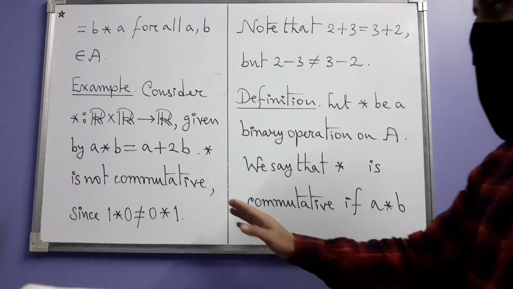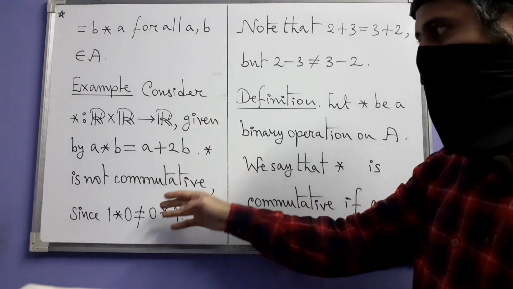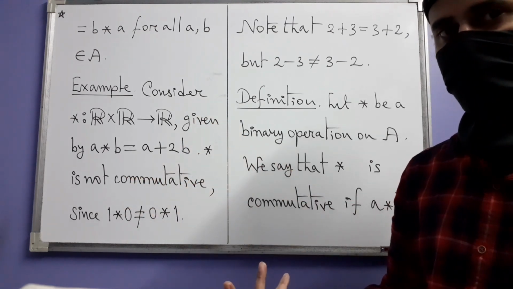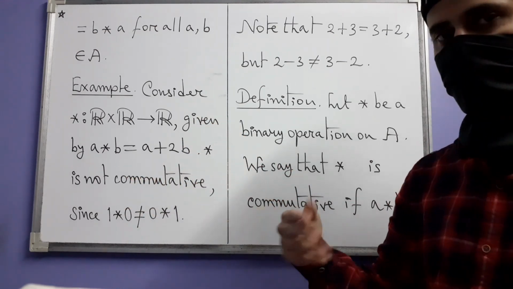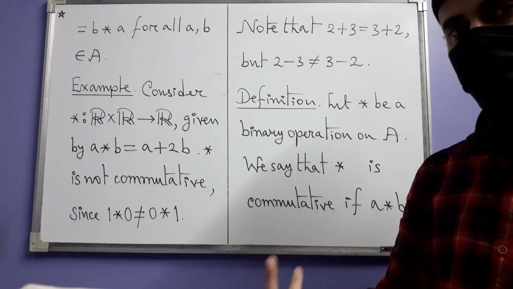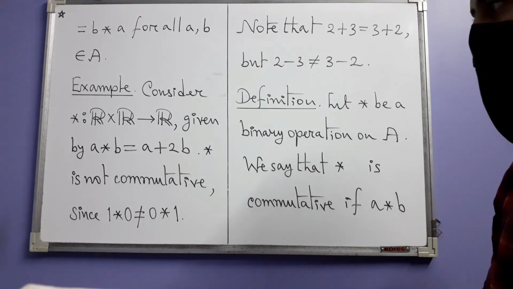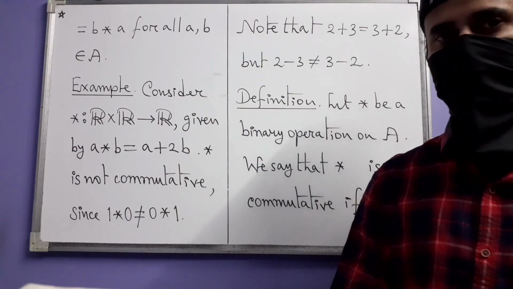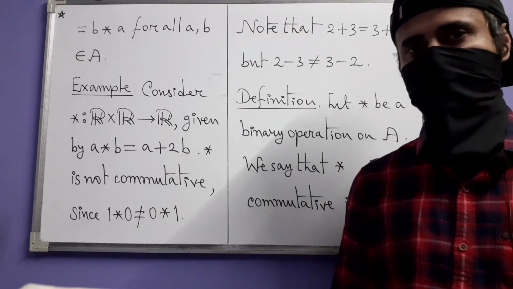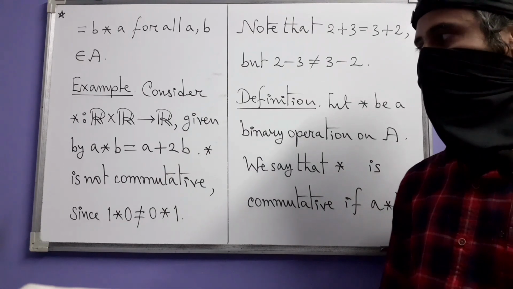However, if you just consider arbitrary binary operations, then obviously it's more likely that almost all of them will not be commutative. There are some other things also in this section that we will see in the next video on this topic.